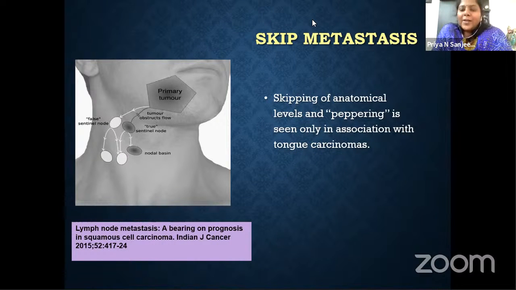Only in one case of carcinoma ex pleomorphic adenoma, we received level 5 group of lymph nodes also. Though it is not the draining site, we lost the patient within a span of a few months. It was so aggressive. But I have not come across any oral cancers draining into level 5 group of lymph nodes. It's mainly cancers from the larynx.